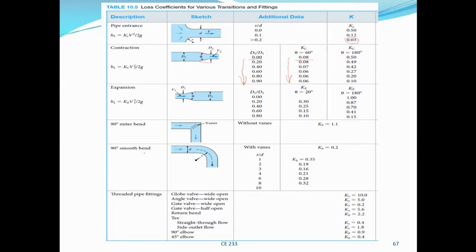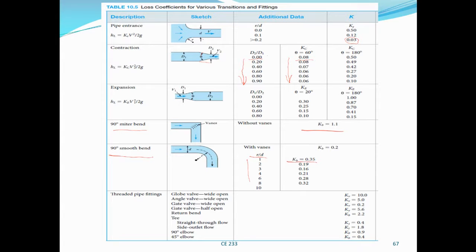Okay, and this is for a 90 degree smooth bend, and this is for a miter bend. Okay, miter bend. You can see here 1.1. Here, depending on R over D, you can see as R over D is increasing, that is the sharper the bend. Okay, and this is KB.